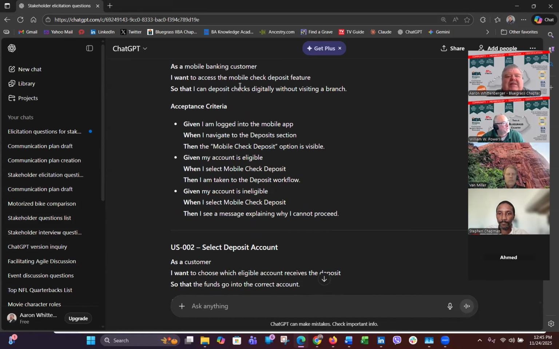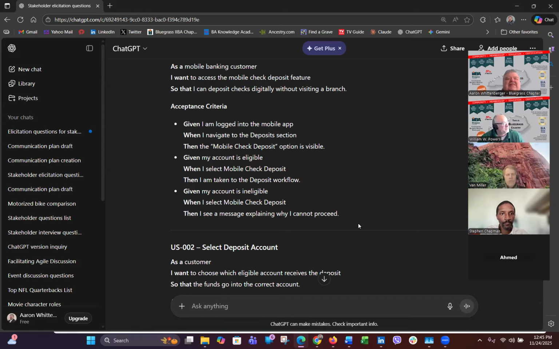As a mobile banking customer, I want to process a mobile check deposit feature so that I can deposit checks digitally without visiting a branch. And give me Gherkin format for the acceptance criteria: Given, when, then. That's called Gherkin.